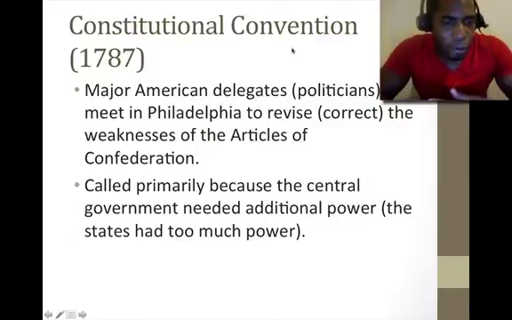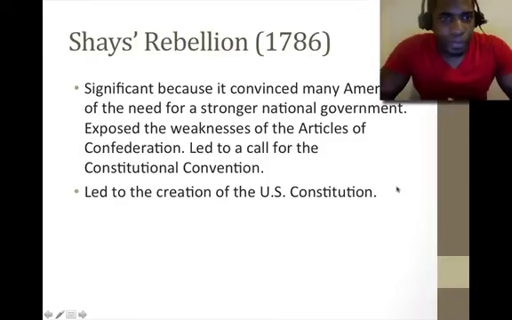It's bad for our country. So major American delegates, those were the politicians, all met in Philadelphia. They wanted to revise or correct the weaknesses that the Articles of Confederation had. But it was primarily called because the central government needed additional power, because the states had way too much power.